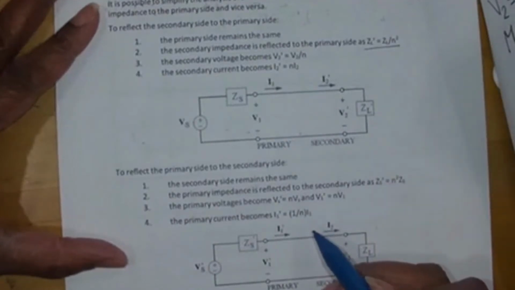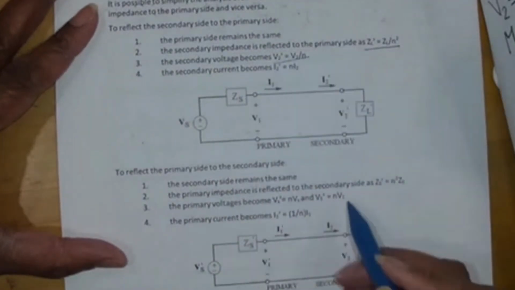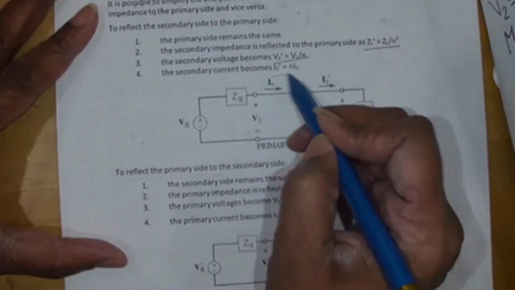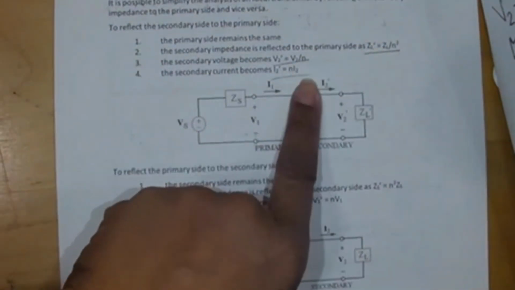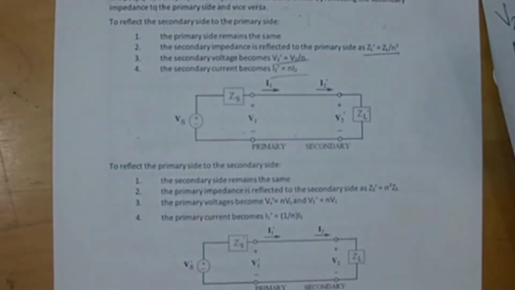ZL prime equals ZL over N squared. V2 prime equals V2 over N. I2 prime equals N I2. I'm going to use these three formulas to reflect the secondary to the primary so I can write one loop and then solve that one loop equation. So the formulas I'm about to use are on page 4 of your notes.